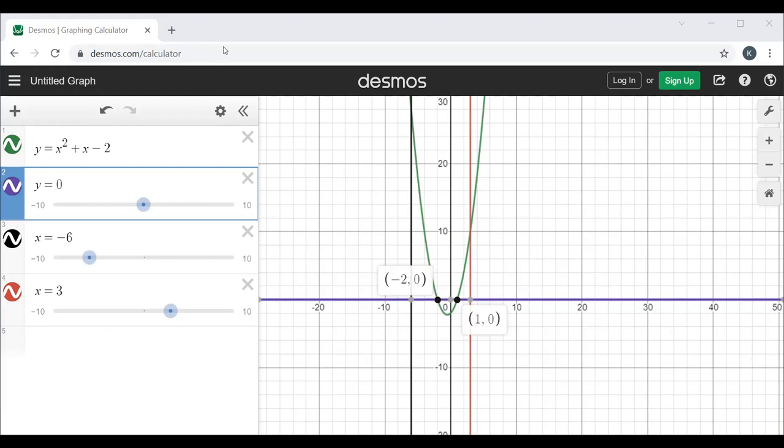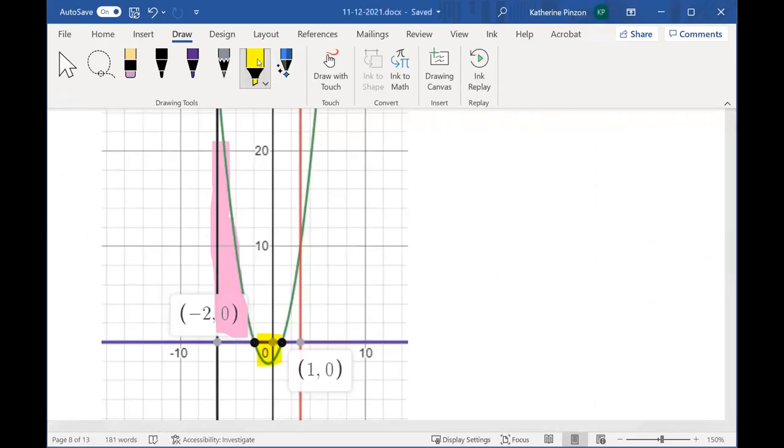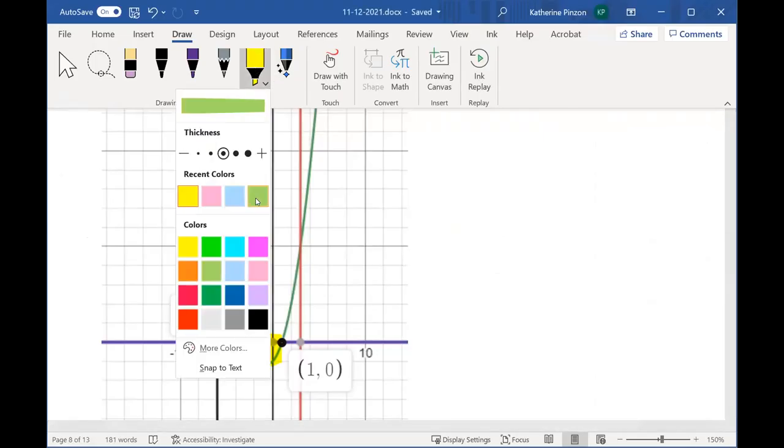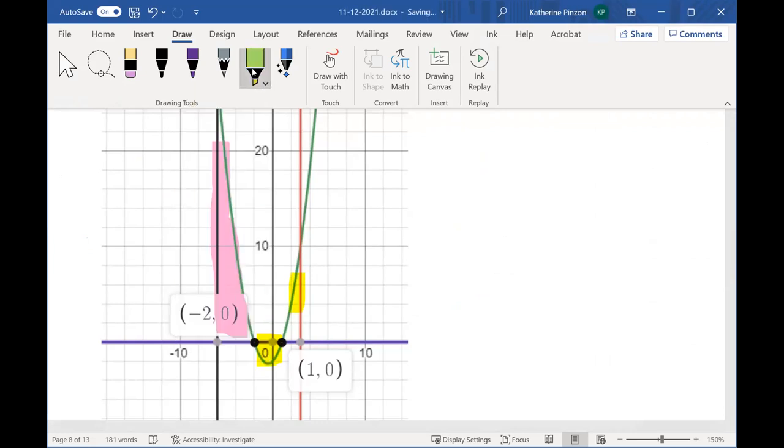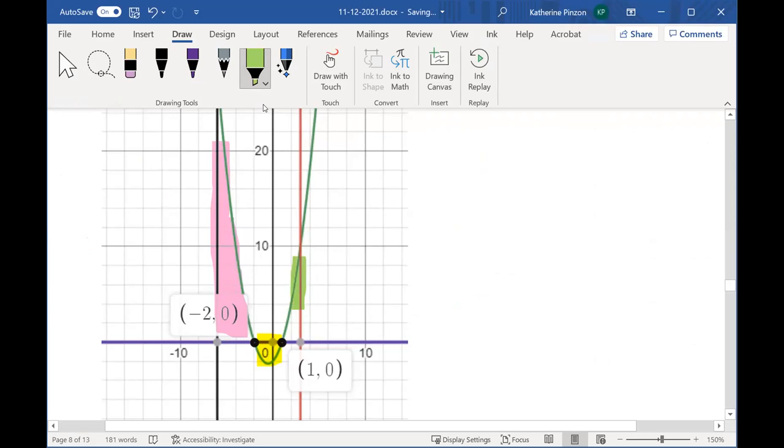Area number 2 is this one. I'm sharing the wrong screen. And area number 3 is this one. So I'm going to set up 3 integrals.